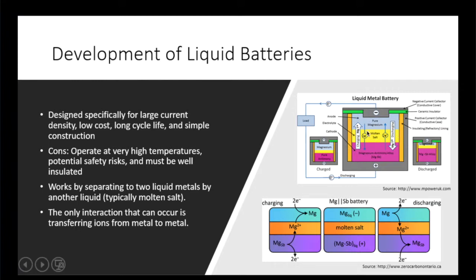It allows current to flow through easily, which is what I'm mentioning here when I say large current density. It allows a lot more current to flow through a smaller surface area than any other batteries. They're very low cost, they have a long cycle life, and some construction. These are also aimed at power systems and how they can be useful for those, which I'll talk about in the next slide.